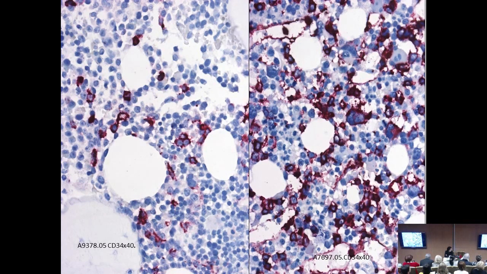What is a particular sign for MDS is this grouping, these clusters of CD34 positive blasts, which does not occur in normal circumstances, and you can easily evaluate the number of CD34 positive cells. Care should be taken with regard to megakaryocytes, because megakaryocytes can also be stained, but they should not be included in the count.